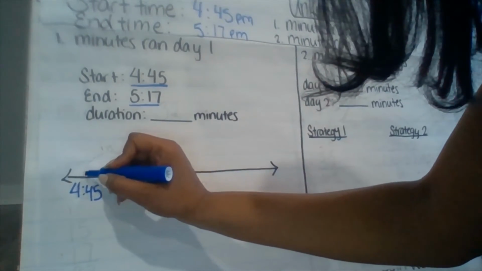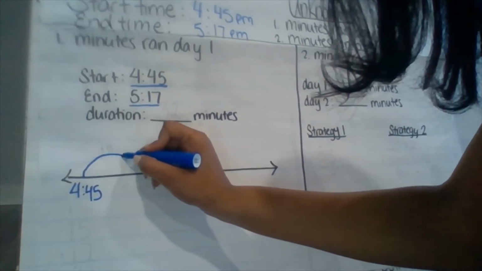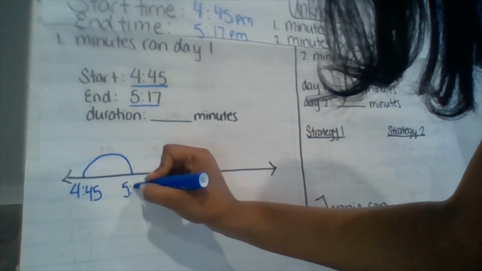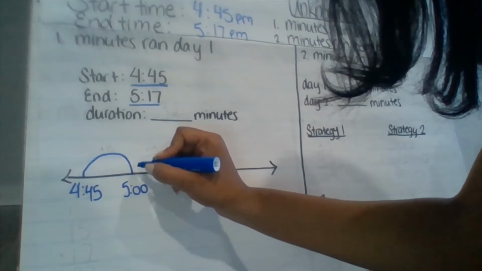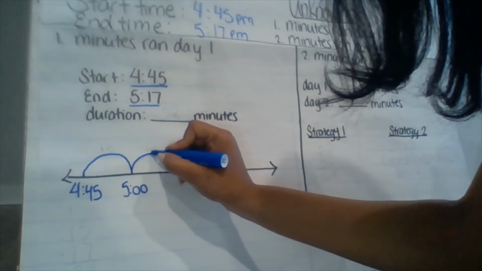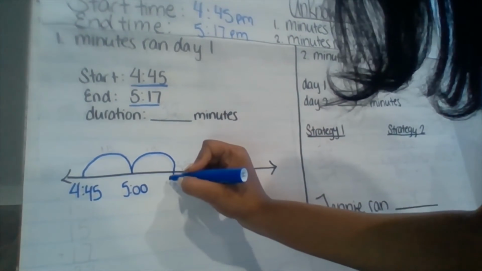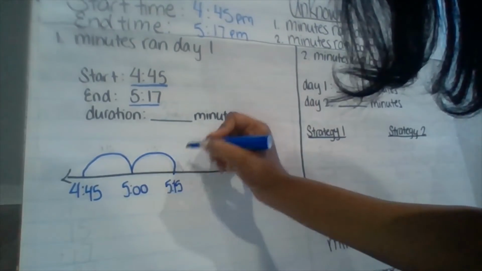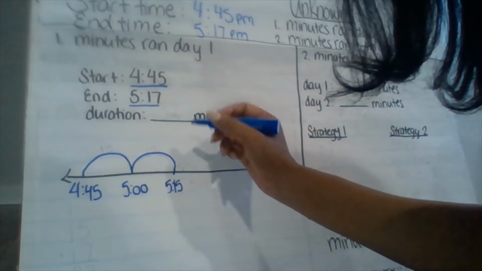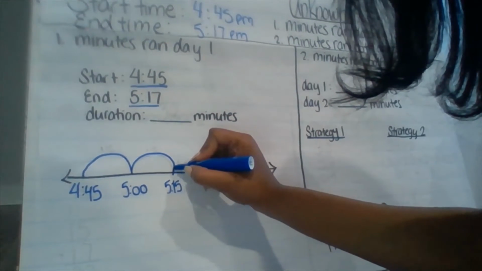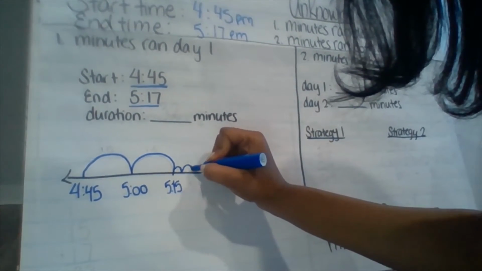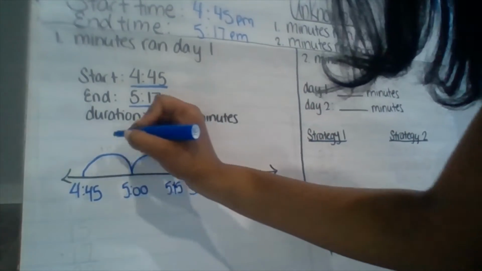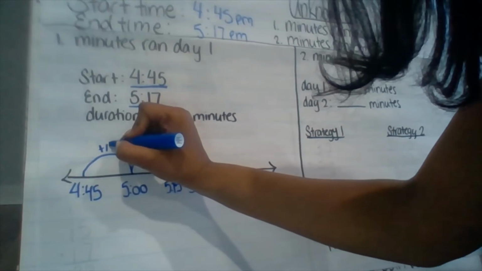So I'm going to go from 4:45, make my jump to 5 o'clock p.m., jump another 15 minutes to 5:15 p.m., but she ended at 5:17. So I need to make 2 smaller jumps to get to 5:17.